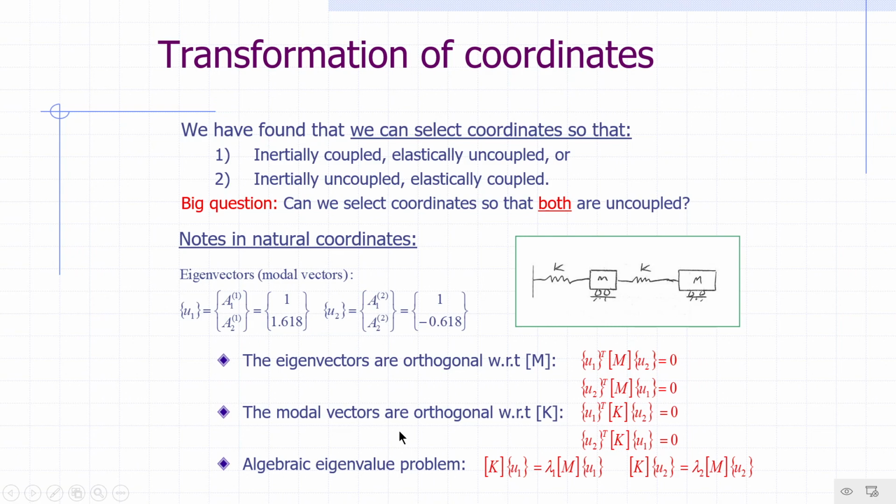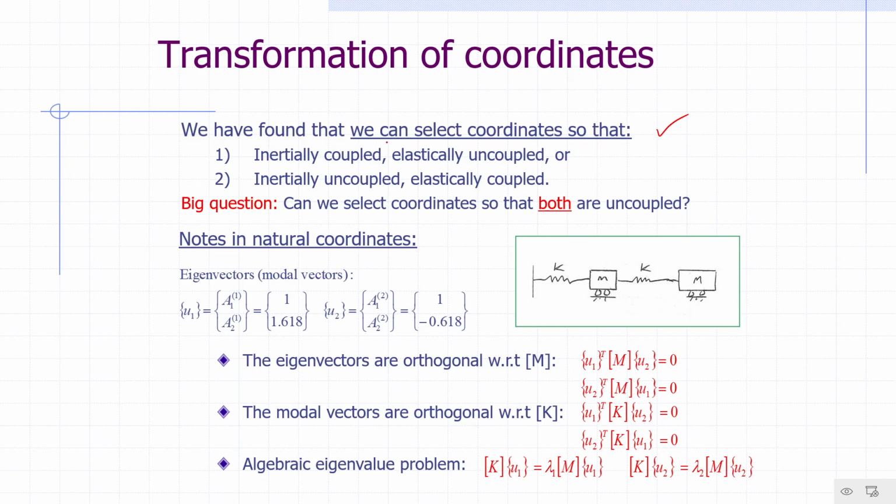Another general form of transforming coordinates is to use eigenvector transformation. Let me recall what you just saw.